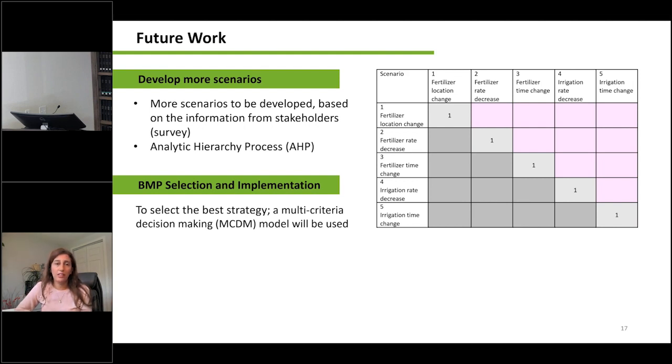which is water quality, an economic index, and social acceptability of the scenarios as an index.